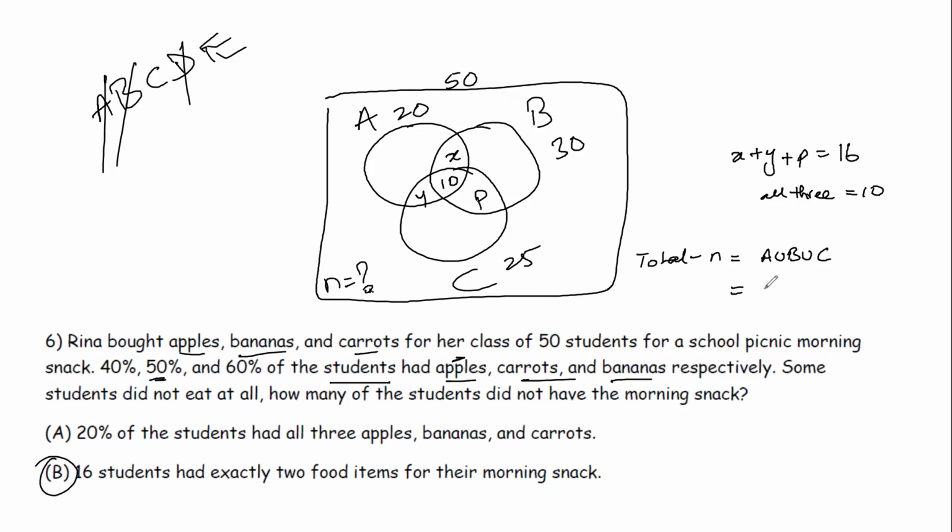And A union B union C is A plus B plus C minus only 2, and minus twice all 3. So A is 20, B is 30, C is 25, only 2 is 16, and twice of all 3. Total is 50.